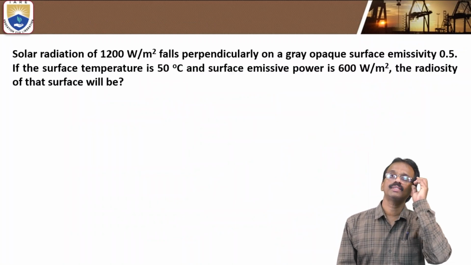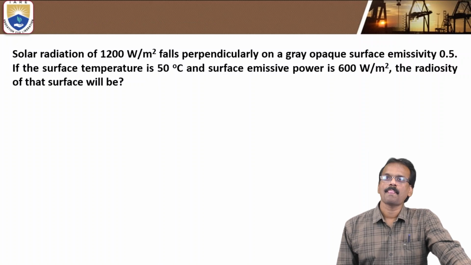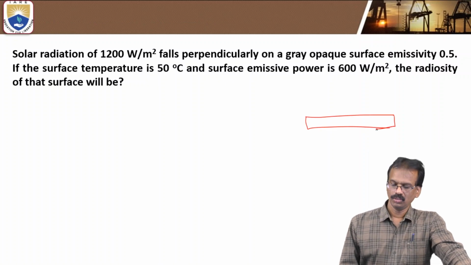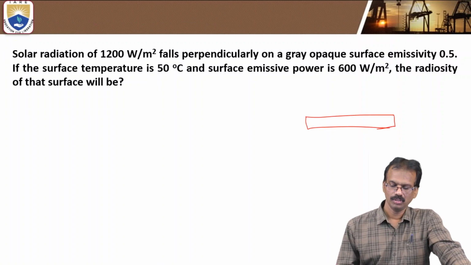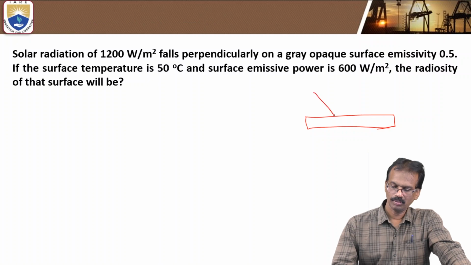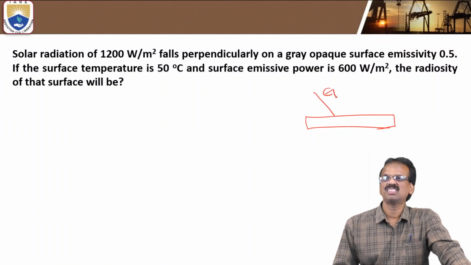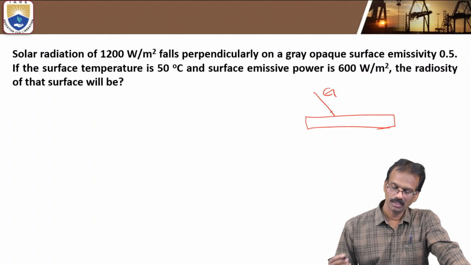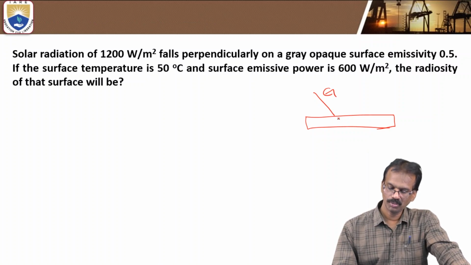So first we'll see a numerical completely related to one surface, on which there is an irradiation G. You can consider this a gray surface. With irradiation, some portion will be absorbed and some portion will be reflected.